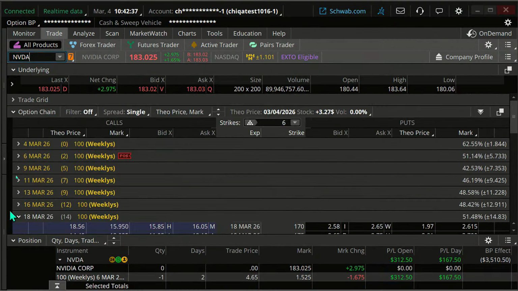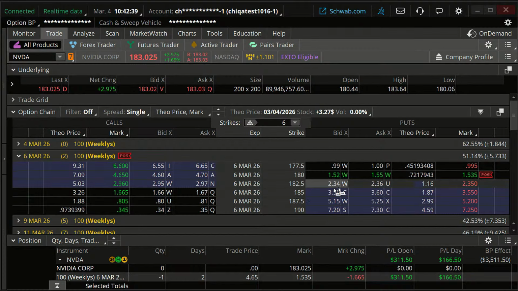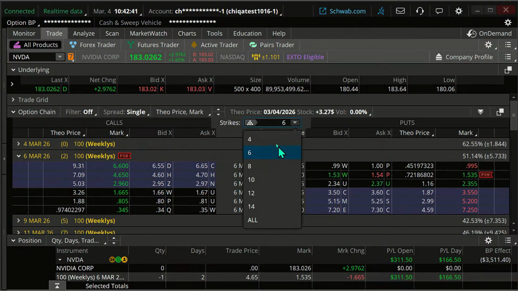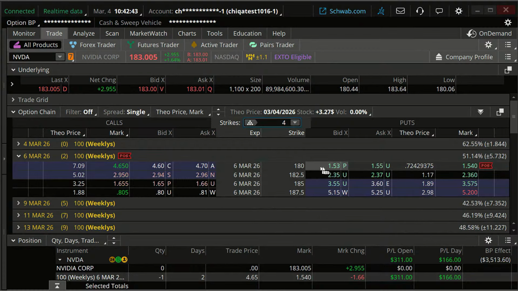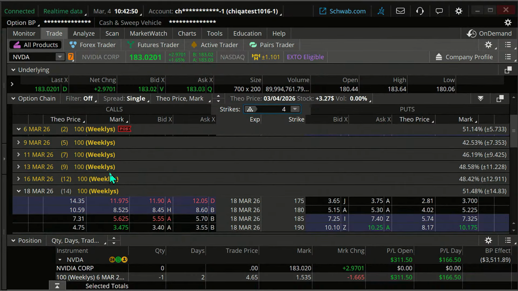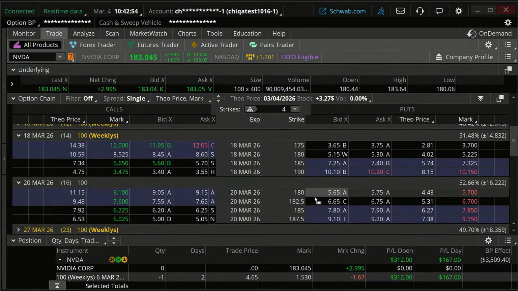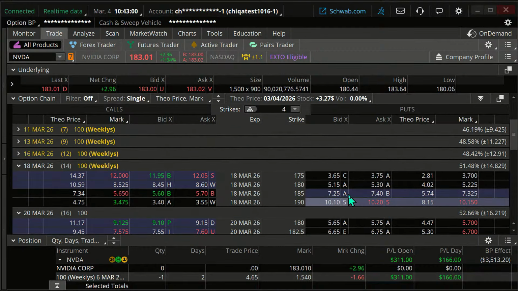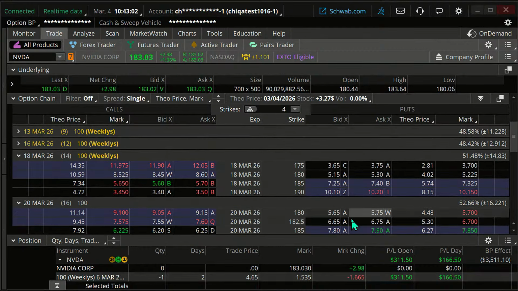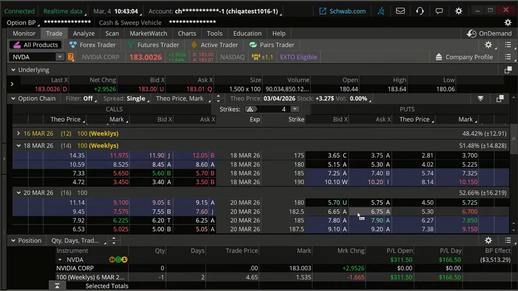We could look at the 180 strike, and it's going to cost us about $150 to get out of this. But we could sell, go out 16 days, look at the 180 strike. That's like $570. So that would be a nice little credit rolling that out.